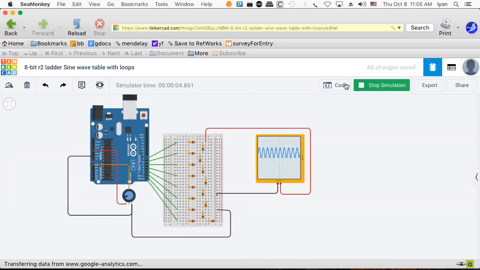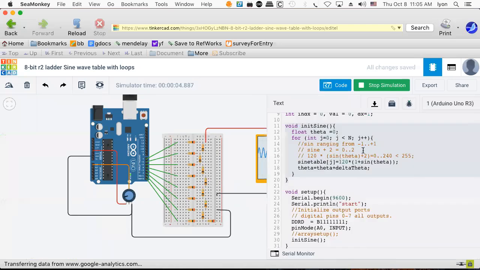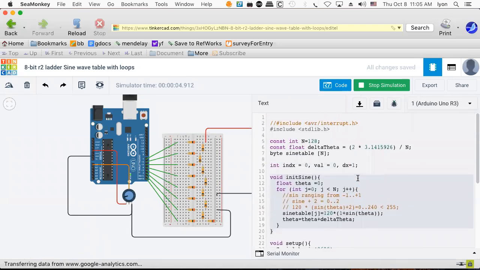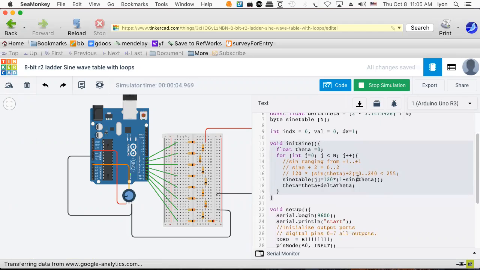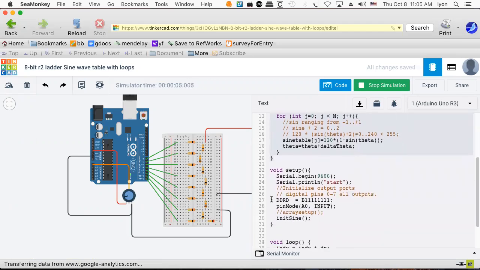Such as it is. So looking again at the code, let's see if there were any questions about the code at this point. So it should be pretty clear now. The data direction register is being set up with all outputs.